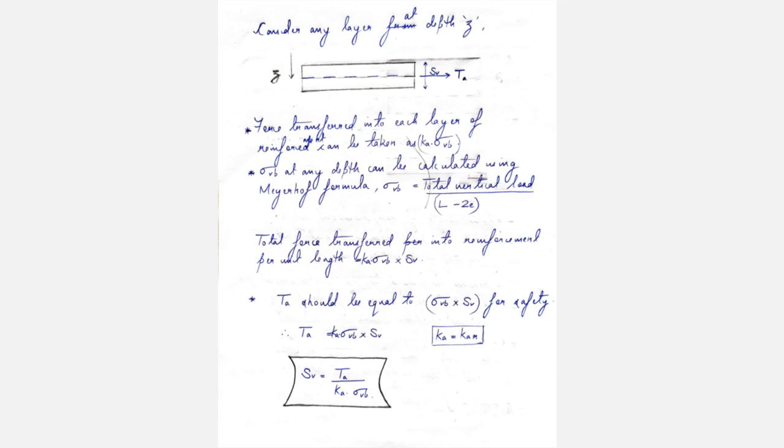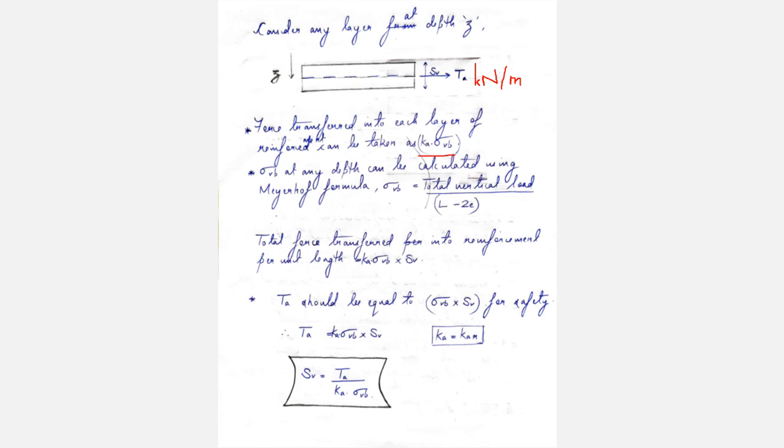Now these will be opposite in direction, right? But here, this Ta, the allowable design strength, will have the unit of kilonewton per meter. We know that the tensile strengths are calculated per unit length of the reinforcement. But if you look at the unit of KAR into sigma VB, it is in kilonewton per meter square.